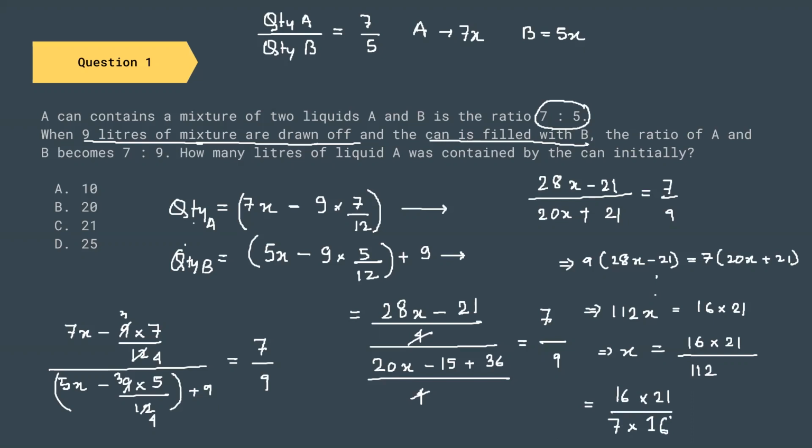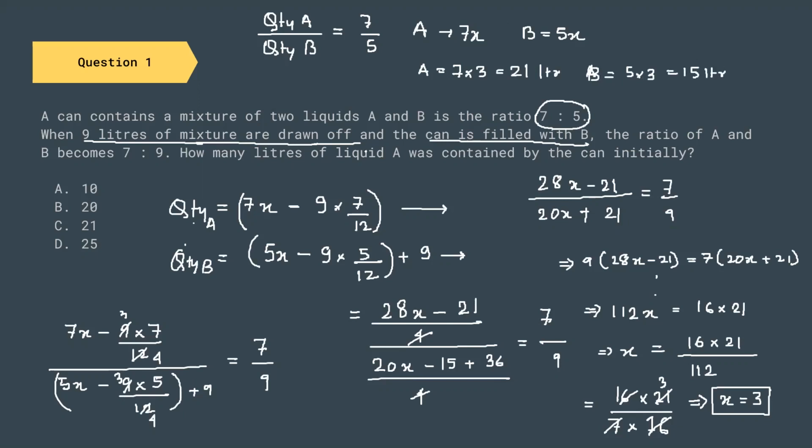Okay, fine. So this 16 and this 16 will be cancelled out. 7 and 21 will be simplified, and so the final value for x will be equal to 3. Now that we have found the value for x, you can say that the quantity of A is 7 into 3, that is 21 liters, and the quantity of B will be 5 into 3, that is 15 liters.